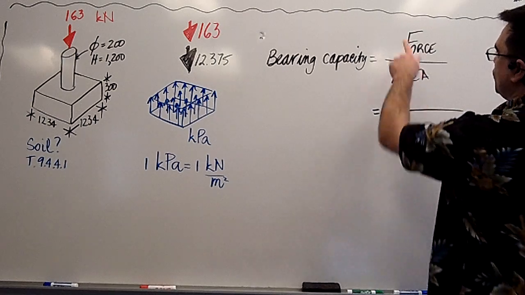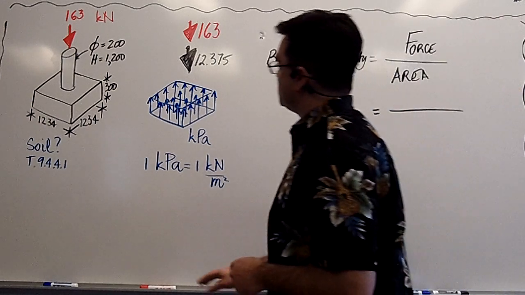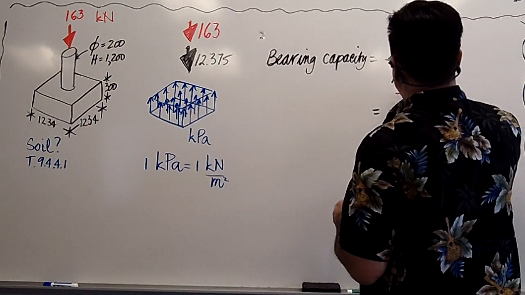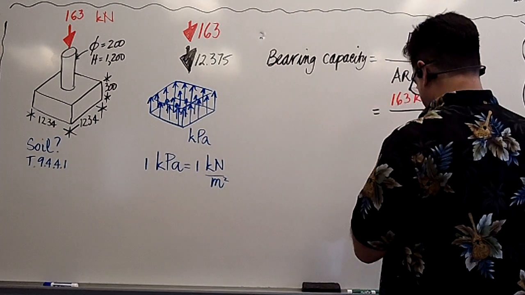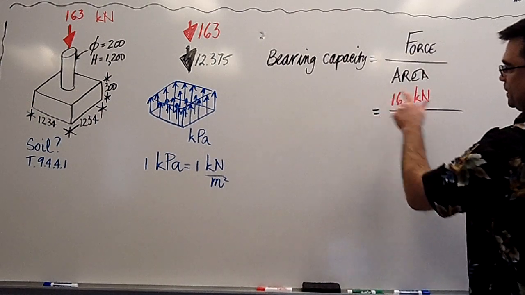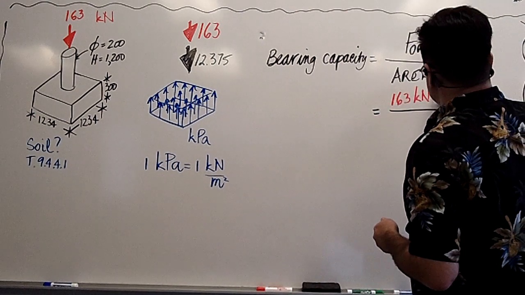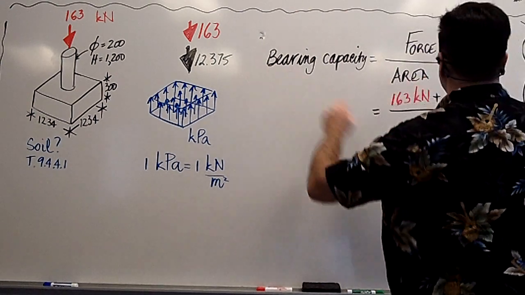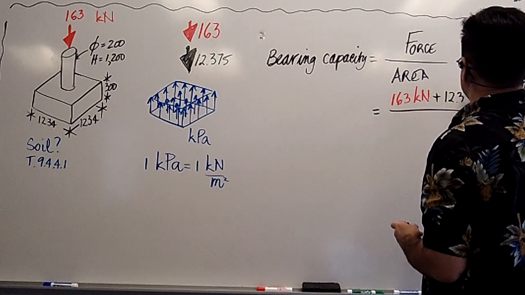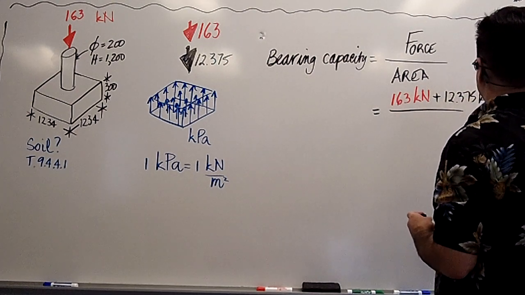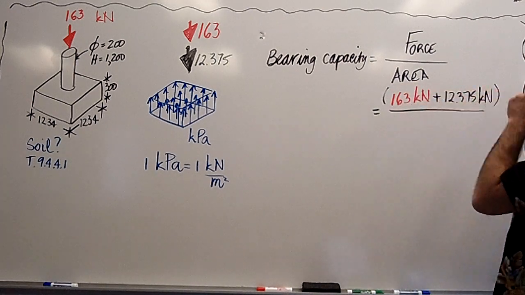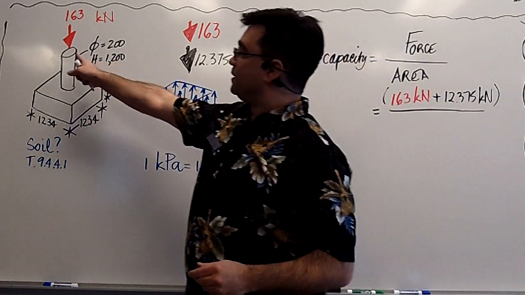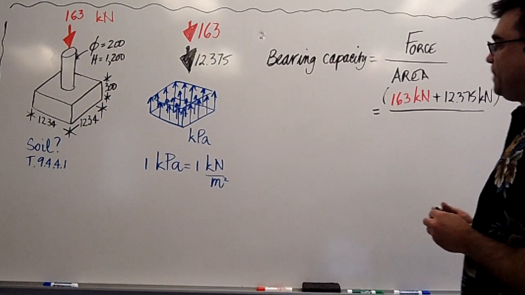All right. The force at the numerator is 163 kilonewtons. So that's from the building, plus 12.375. Okay? Because in this case, we've been told that the force of the building is only up to, but not including, the pier and the pad.